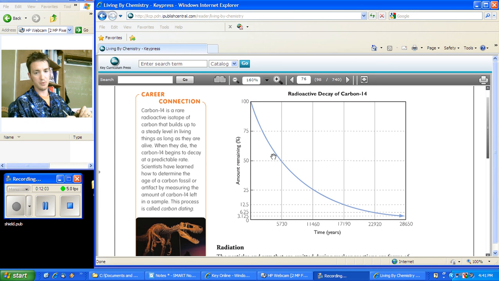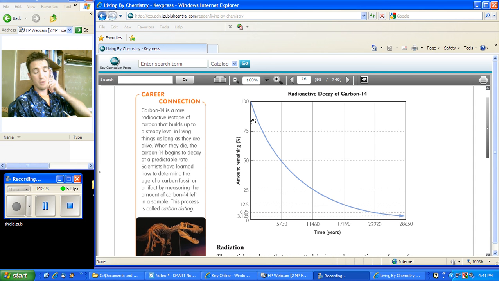If you dig it up and it has 20% left, that's about a fourth, so you can kind of estimate about what it would be. But the graph gives you a better idea. So it's not always nice, easy numbers like a half or a fourth, but if you have this graph, all you have to do is whatever the percent is, you find that on here, hit the curve, that would be the age.